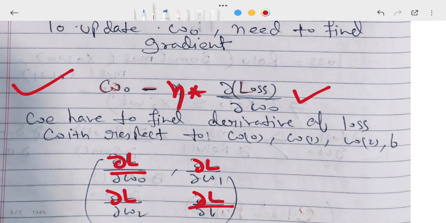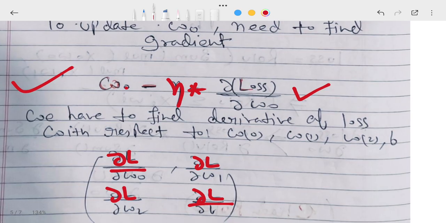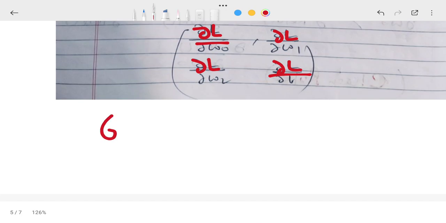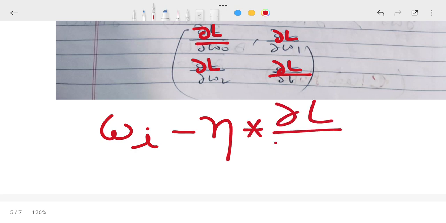So similarly for w1, you will write w1 and this symbol, step size, into d loss upon dw1. So my final formula is wi minus step size into d loss upon dwi.